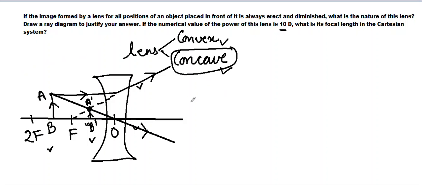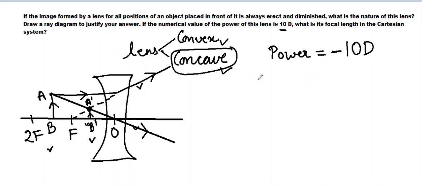Given here is the numerical value of the power of the lens, which is 10 diopter, that is 10D. Now that it is a concave lens, therefore we have to consider it to be minus 10.